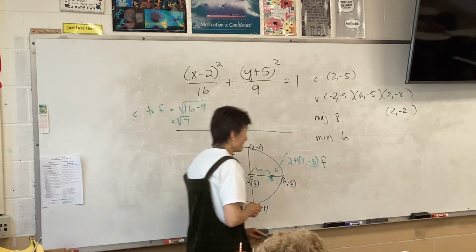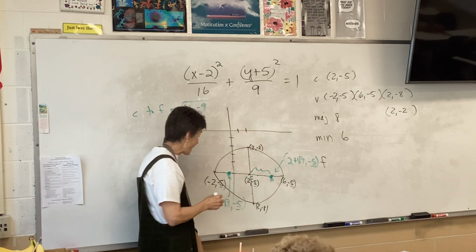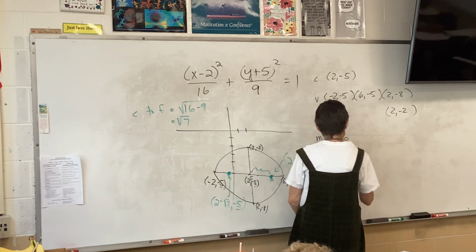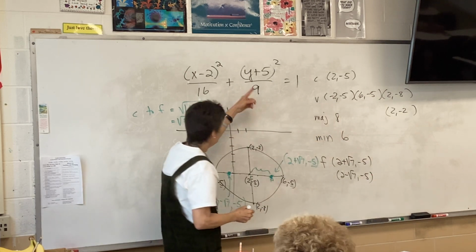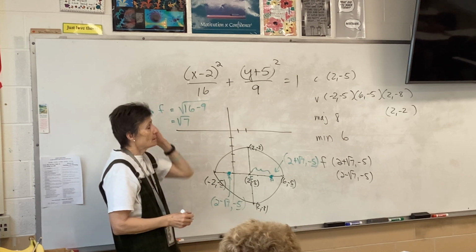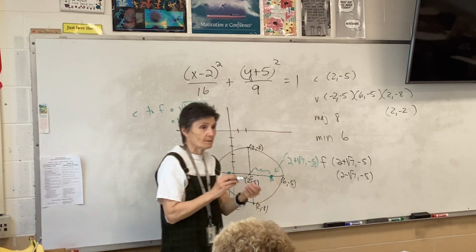Okay? If we have time at the end of the period, we will do another one of those, but that's exactly what your quiz is going to look like tomorrow. I'm going to give you an equation just like that, and you'll give me all this information right here.